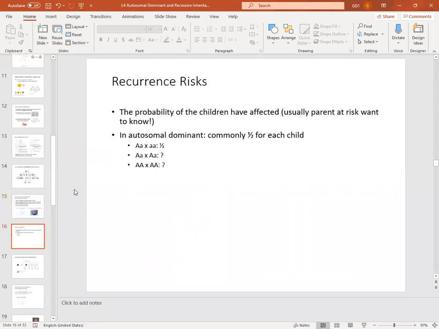So we talk about the recurrence risk. Recurrence risk is the probability, the ratio, of the children having the disease. We do not have the children yet, so we can predict the risk of the children having the disease or not. If I have the disease, I am also very worried about my baby, whether he or she will have the same disease as me.